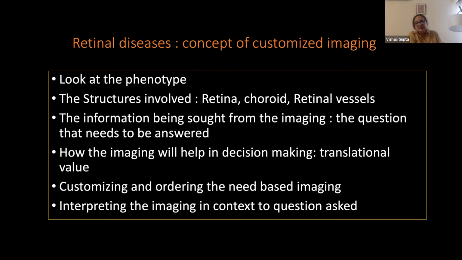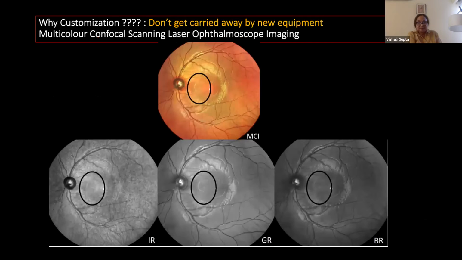And how is this imaging going to help me in decision making? Like, does this imaging have any translational value? Or is it just overloading you with information that you do not understand and that confuses you? So hence comes the concept of customizing and ordering need-based images and interpreting them in the right context.